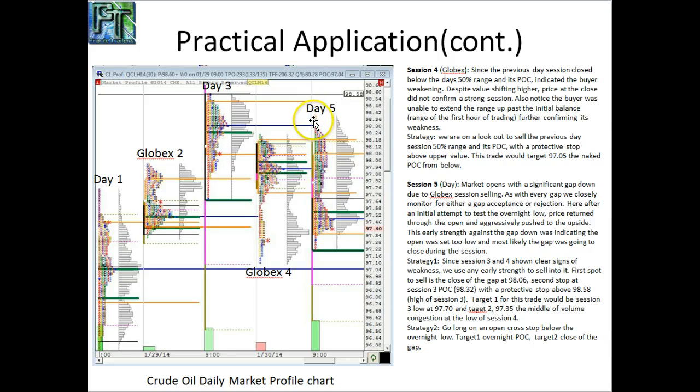I would put a second order to sell when the point of control of the previous day is hit. My stop would go above the previous day's high because the value area high is very close to the high. So I would not use value area high as my stop, but I would use the price above it. If I did that when price returned and closed down at 97.40, I did extremely good.